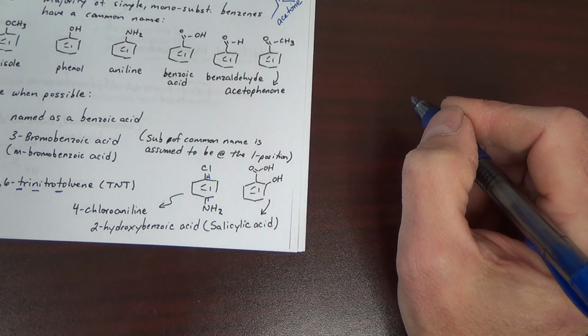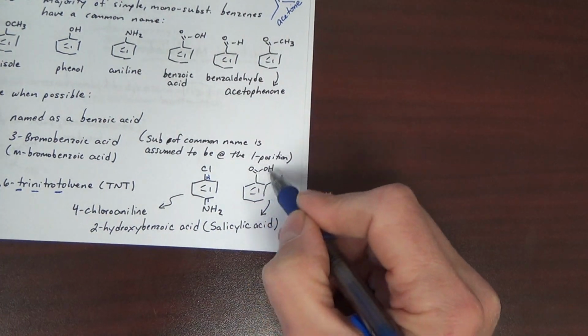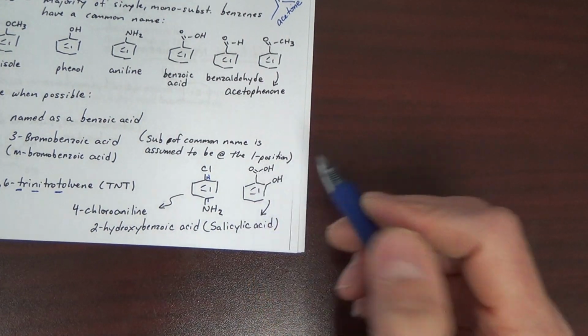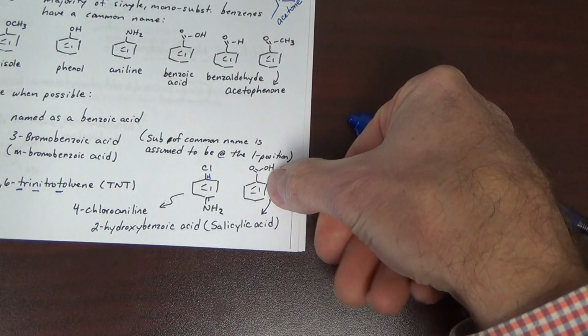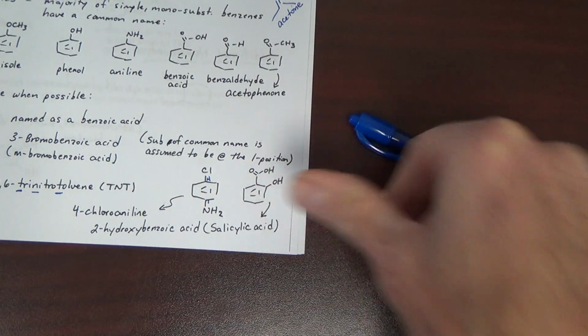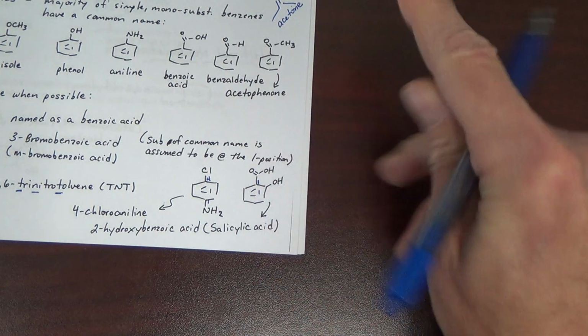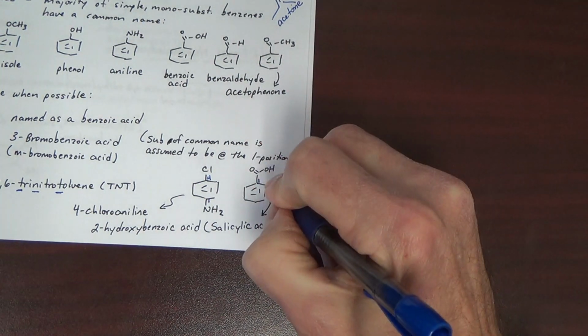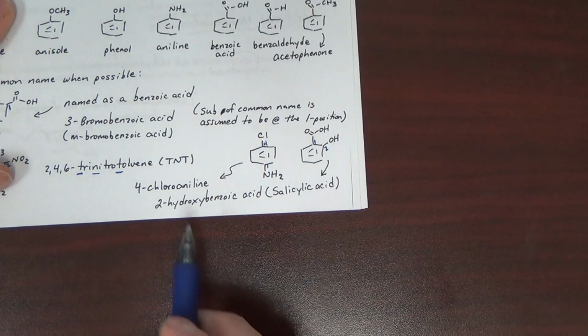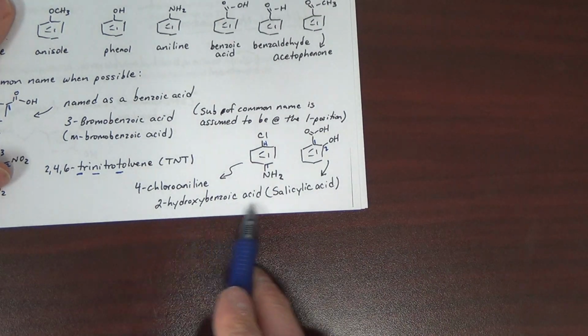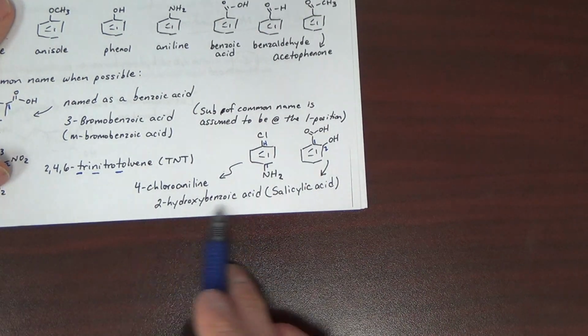I know that the carboxylic acid is the king of functional groups. It takes precedence, and so this is named as a benzoic acid. And so that's the 1 position, common name, 1 position. 2 position is a hydroxy. And we could call this 2-hydroxybenzoic acid. Makes sense.